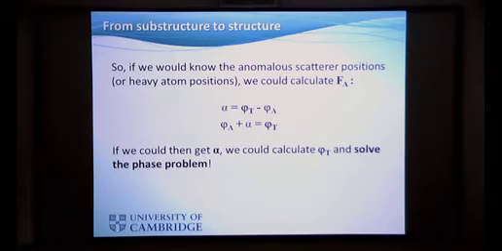So if we know the anomalous scatterer positions and heavy atom positions, we can calculate Fa, right? We know the phase and the length of Fa. So if we can now estimate alpha, we can get the total phase and would have solved, at least initially, the problem.